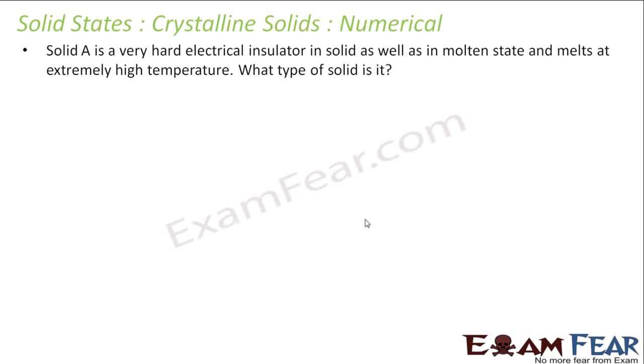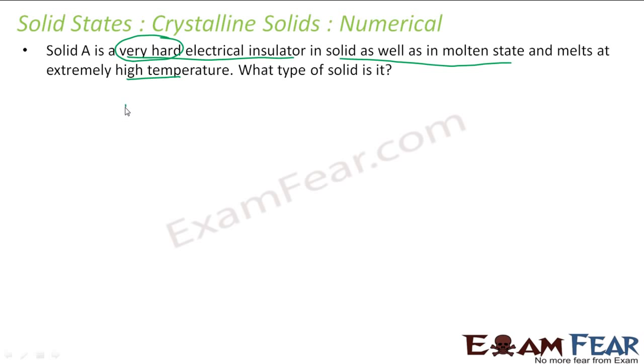The next question is, solid A is very hard, an electrical insulator in solid as well as in molten state, and melts at extremely high temperature. What type of solid is this? See, it is very hard, so it will not be molecular.